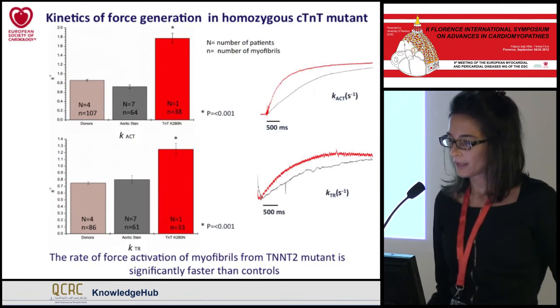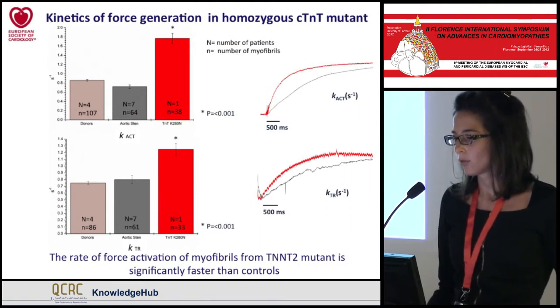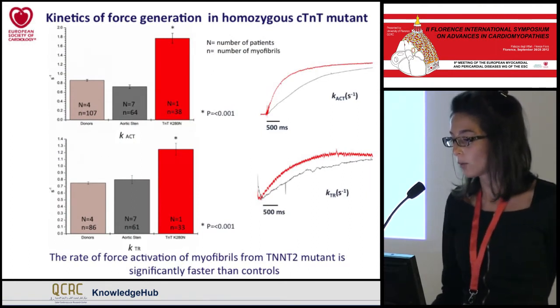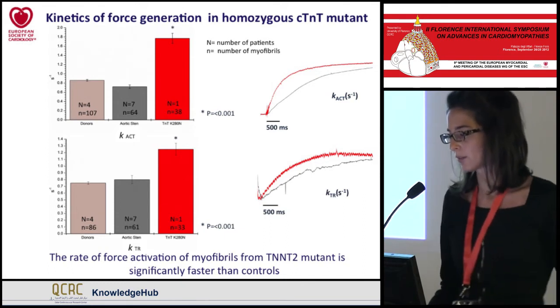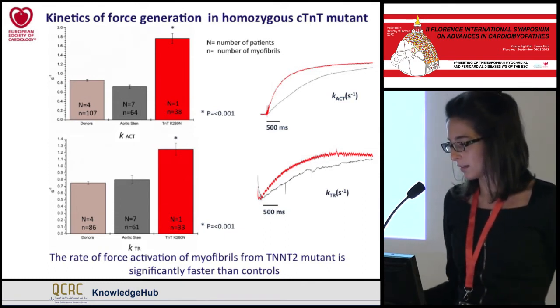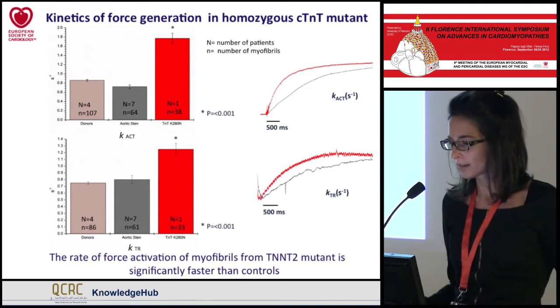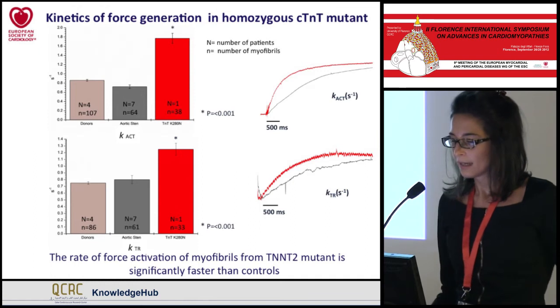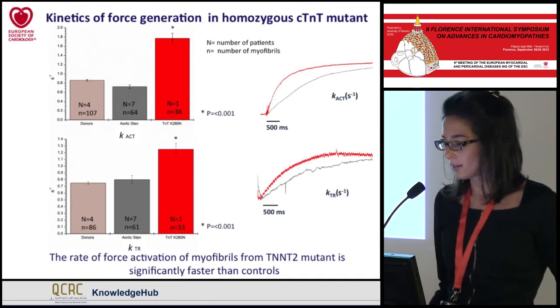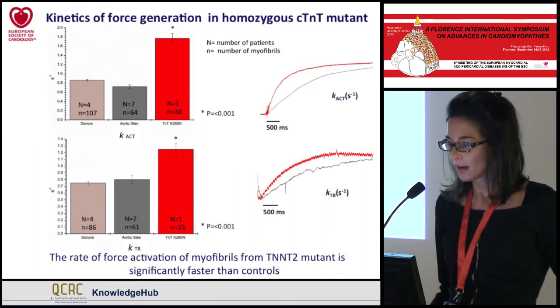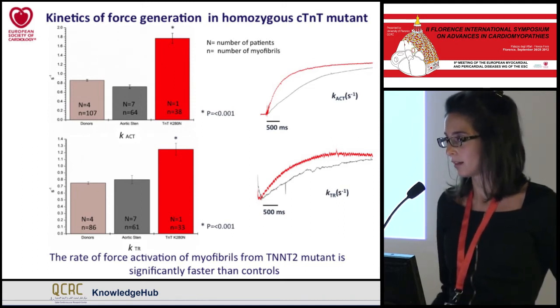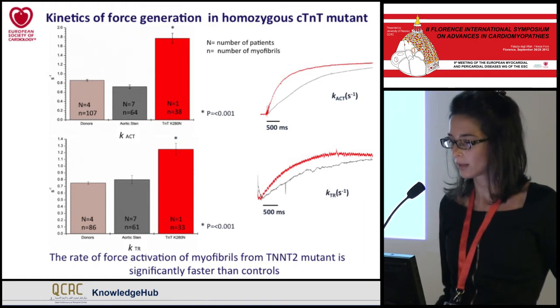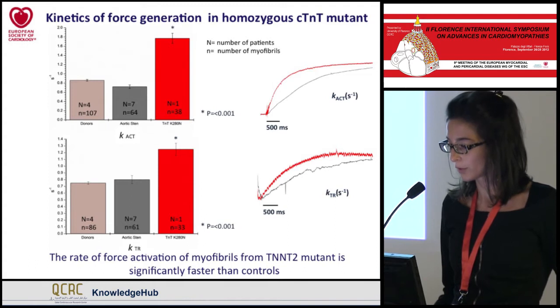The second parameter analyzed is the kinetics of force generation, and it's clear in both parameters describing this kinetic activation that in the mutant myofibrils, the rate of force activation is significantly faster than in controls. And here we can see clearly that this happens for K-ACT and also for KTR.